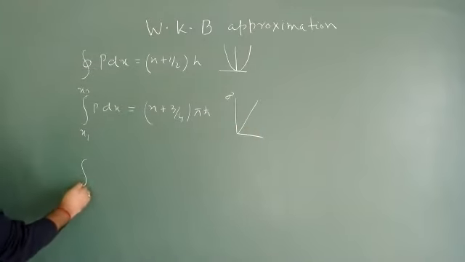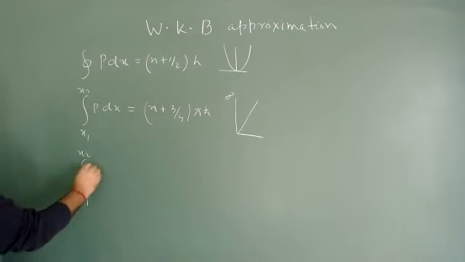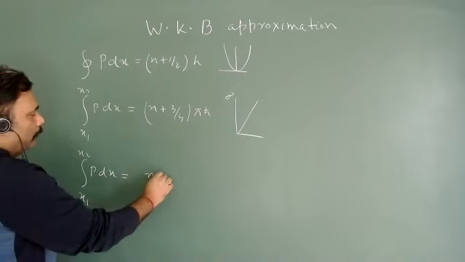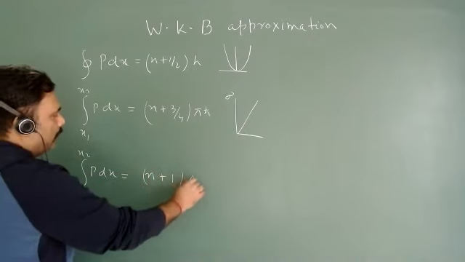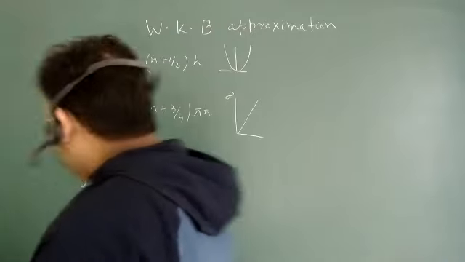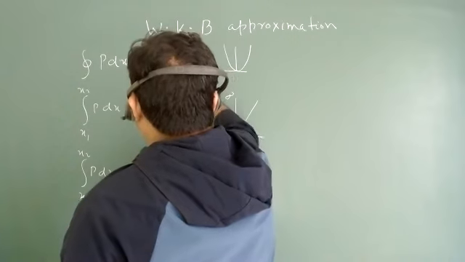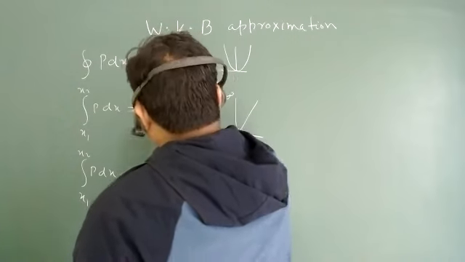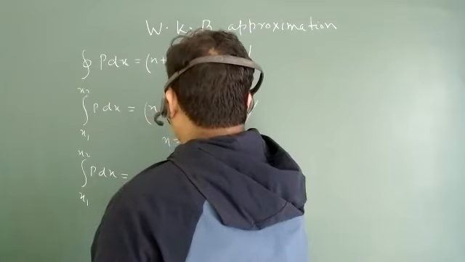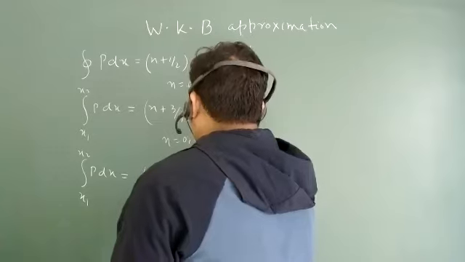And the third one is the integral from x1 to x2 of p dx equal to n plus 1 times pi h cut. Every time, n is equal to 0, 1, 2, 3 here, and here I can also take n equal to 0, 1, 2, 3.